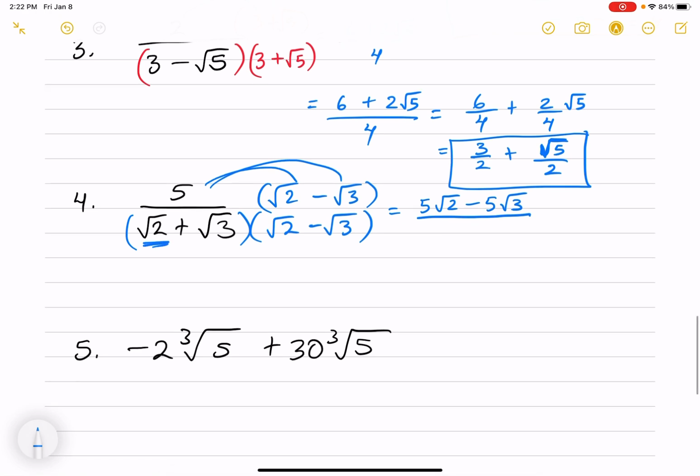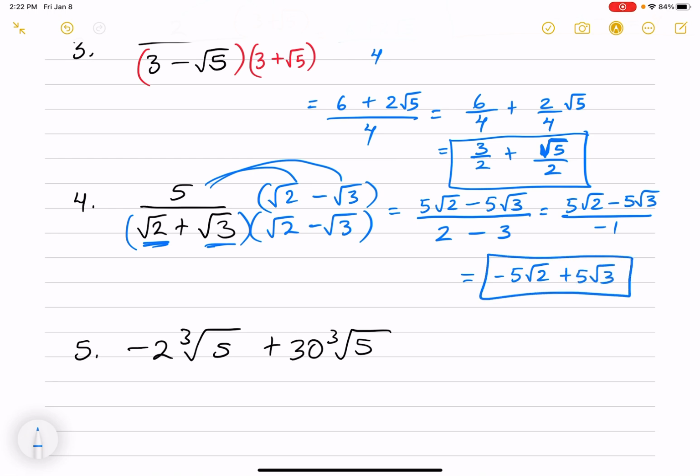You square the first number and you get 2. You square the second number and you get 3. And then you put a minus sign between them. So this answer is going to be 5 square root of 2 minus 5 square root of 3 over negative 1, which is going to simplify into negative 5 square root of 2 plus 5 square root of 3. And that's the answer, as long as we don't have any radicals, no roots on the denominator.